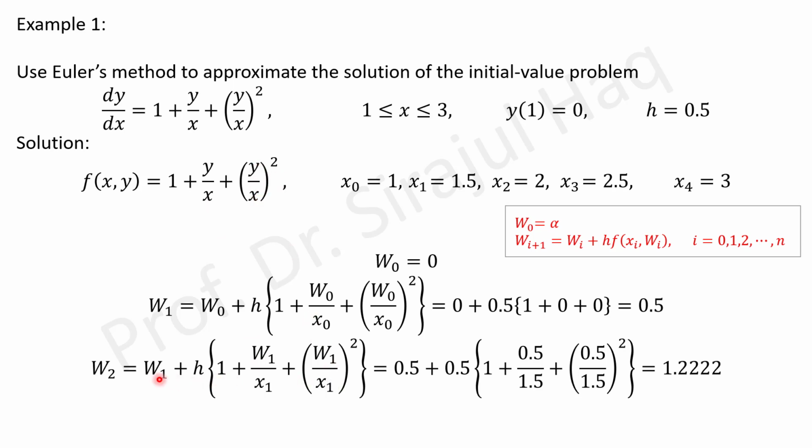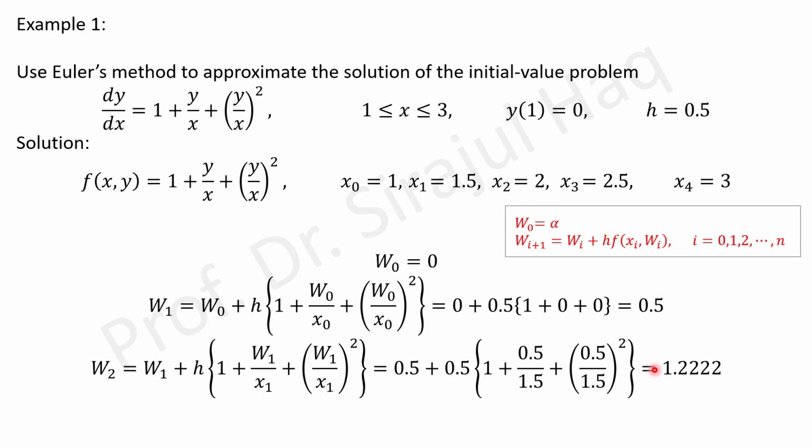Now W1 is known to you. W1 you have computed previously, 0.5. The value of h is 0.5, which is coming from there. 1 plus W1, which is 0.5, divided by x1, the value of x1 is 1.5, plus W1, 0.5, divided by x1, 1.5, whole square, and if you do this calculation, you are getting 1.2222.